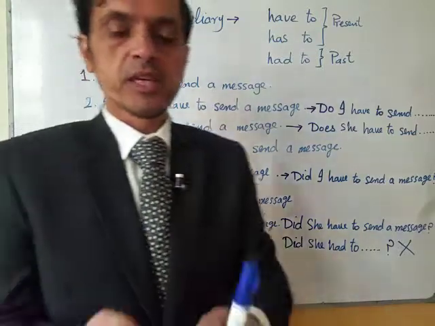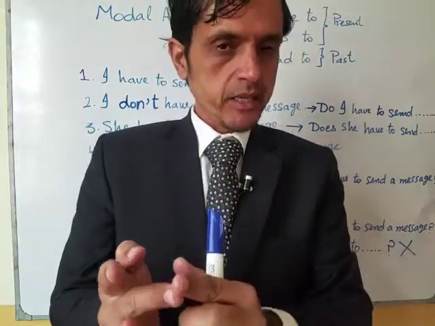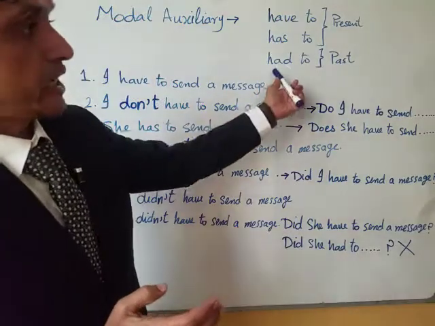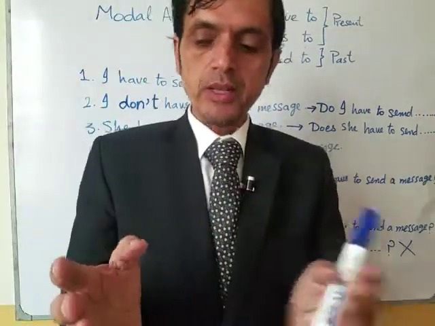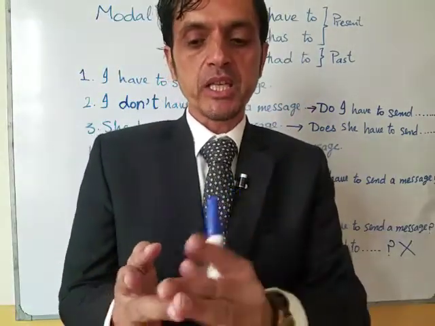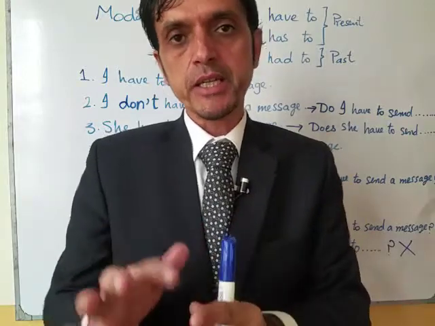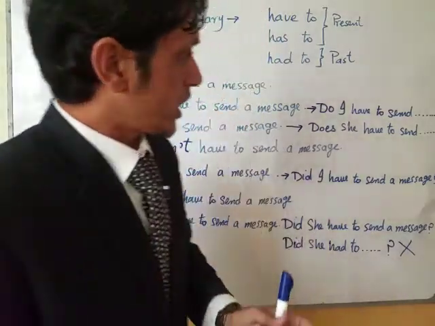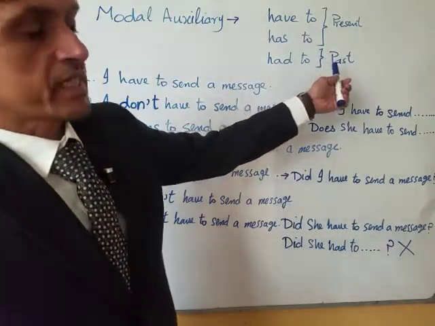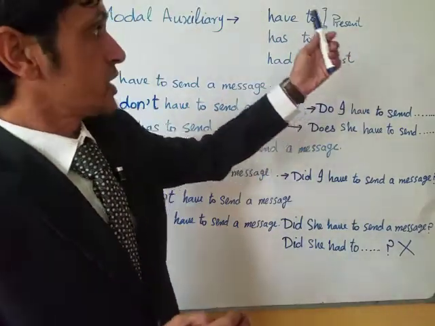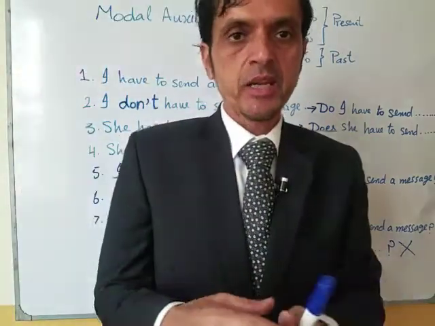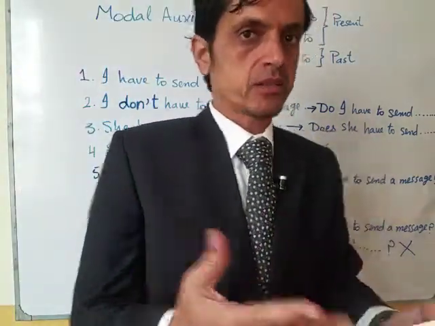Has to is used with she, he, it and singular subjects. While had to is used with all subjects, I, we, they, you, she, he, it, singular or plural. With all we use had to, but this is for the past and this is for the present.